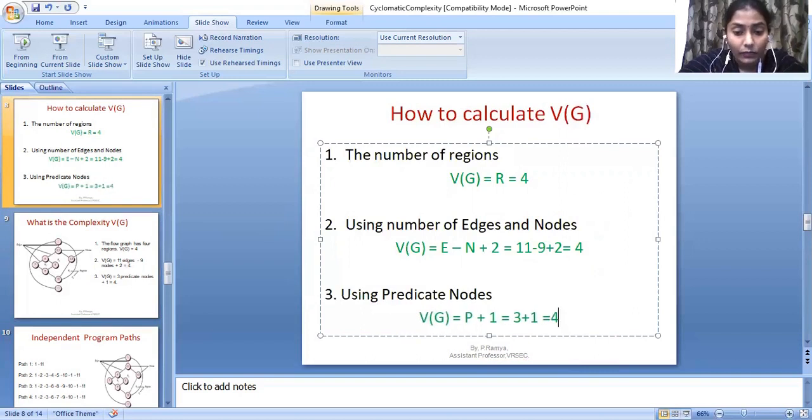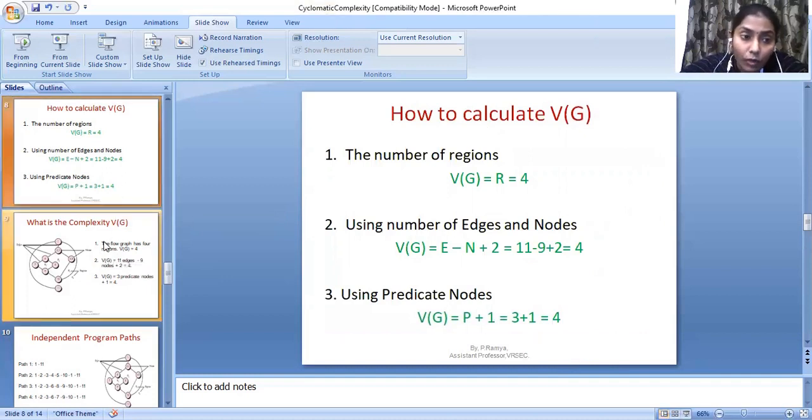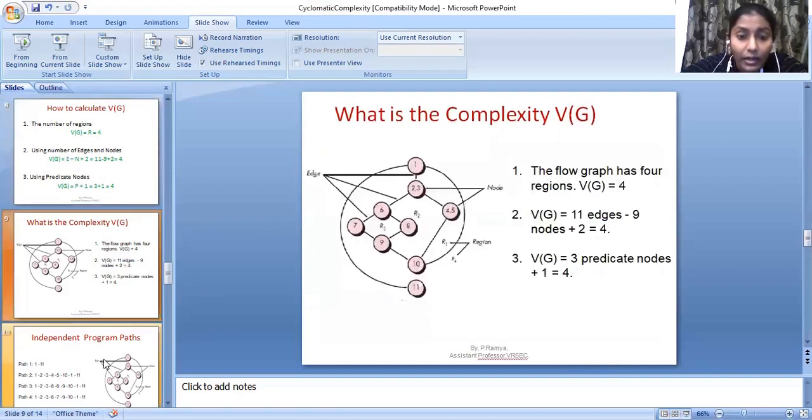So again the complexity is 4. Whatever way you are calculating, the same complexity should be represented for the same piece of code. Right. So remember this value.